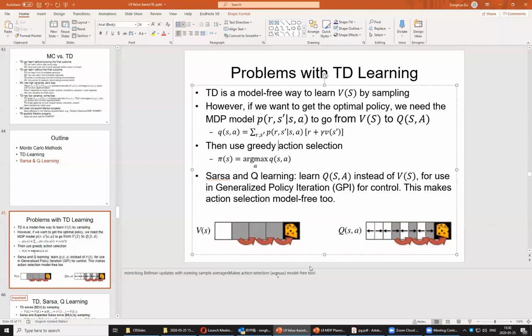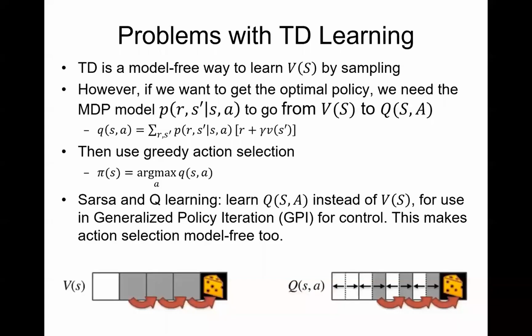But because each position has two possible actions, left or right, we have 8 Q values versus the 4 V values.